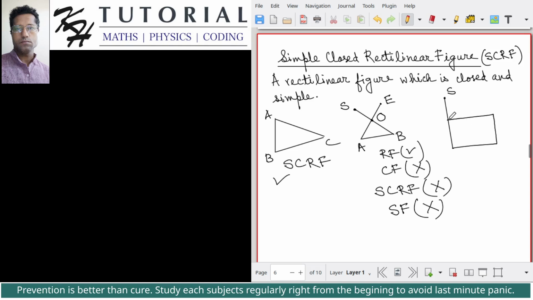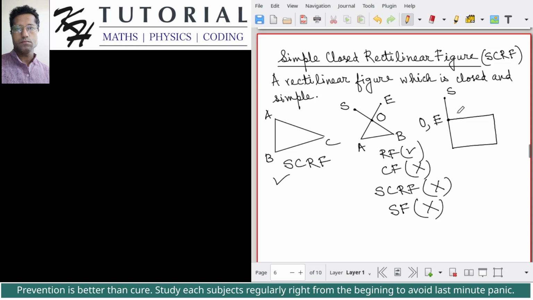This was my starting point and this was my end point. Also notice that the end point E is also the point of intersection, because at this point this figure is intersecting with itself.